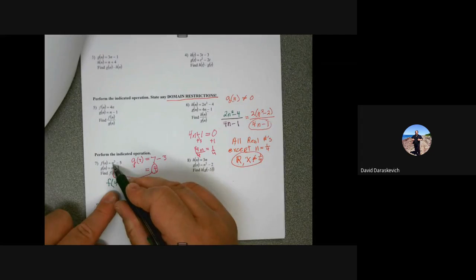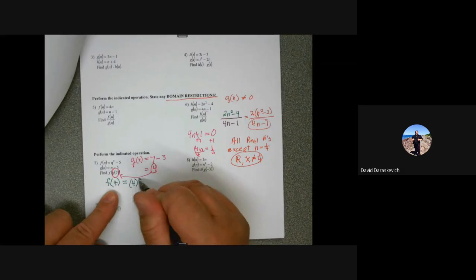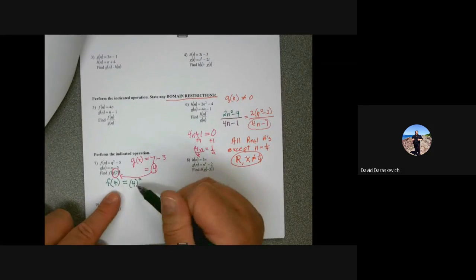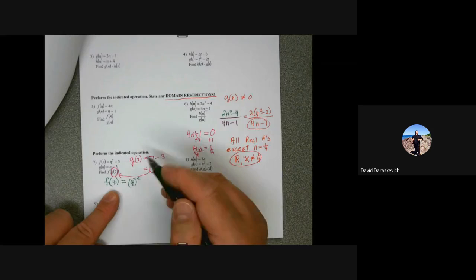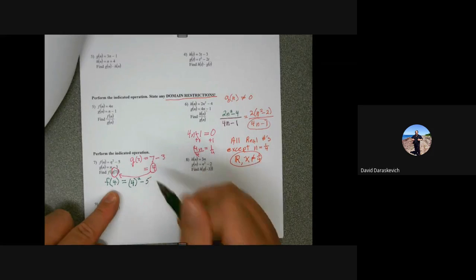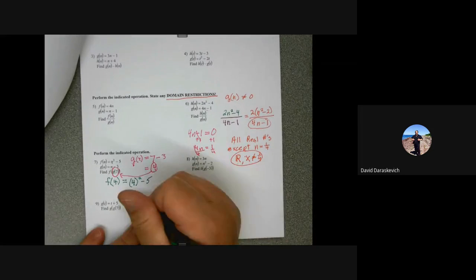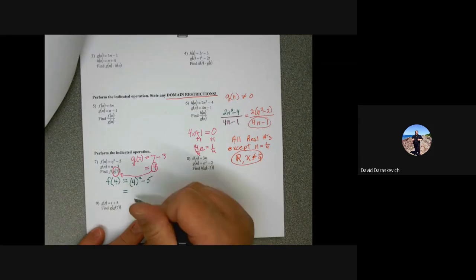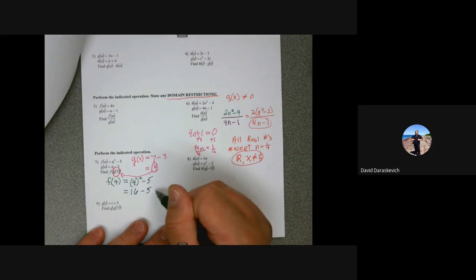So I have 4 squared. Use parentheses, especially when you have an exponent. So I have 4 squared minus 5. That equals 16. 4 squared is 16 minus 5, which is 11.